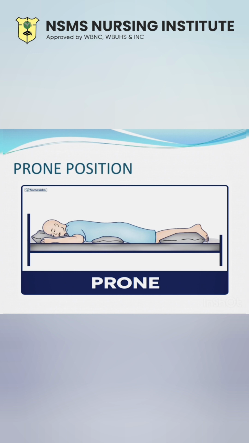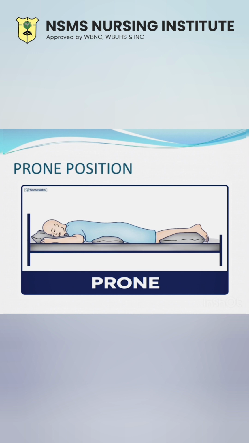Prone position is defined as lying on abdomen with head turned to the side. In this position, the patient is made to lie down on abdomen on a flat bed.